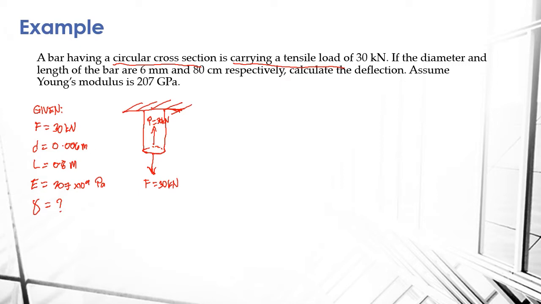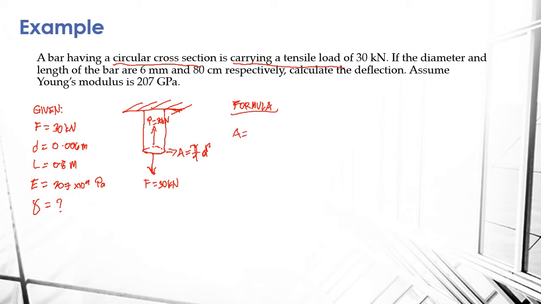Unya, i-solve pa nato ang area, di ba? Area niya kay circle man, so pi over 4 d squared ang area. So, kompleto na. Unsa atong solution nga gamiton? Formula sa ta. Ang una nato, ang area.